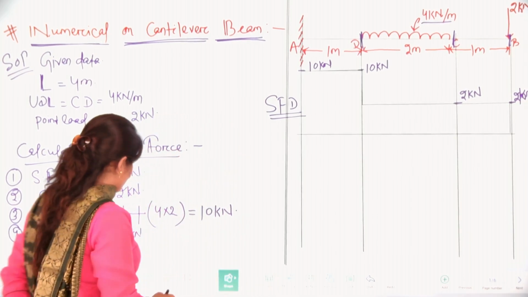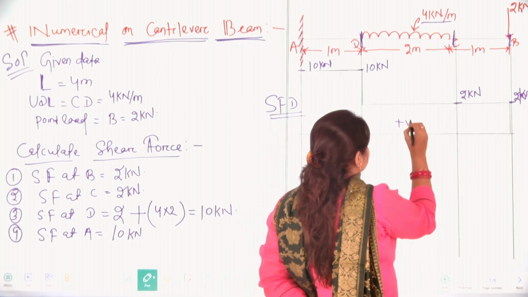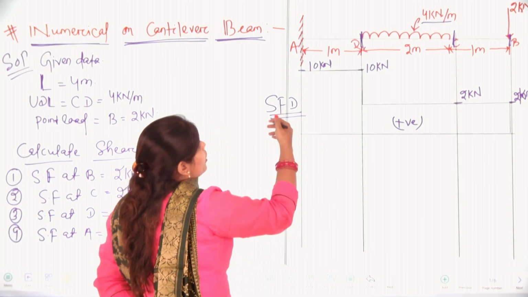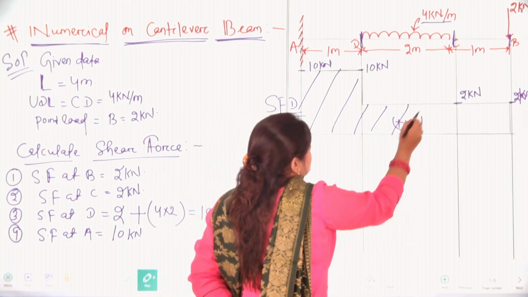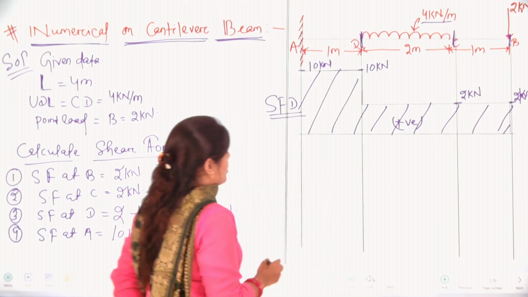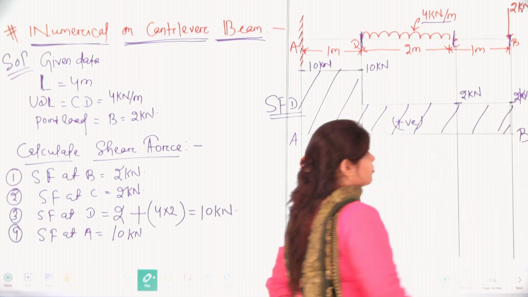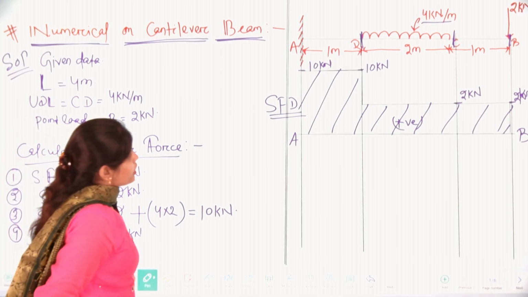Here this is your positive shear force diagram. If anyone asks what part is your shear force diagram, you can show them this: this to this is your SFD. Now we have the SFD.